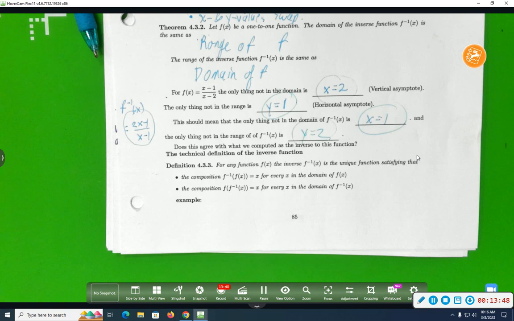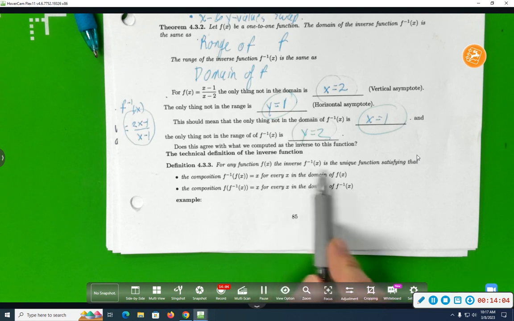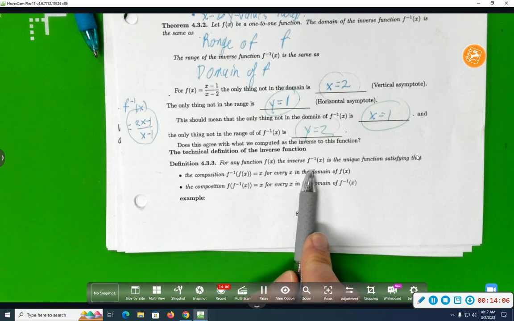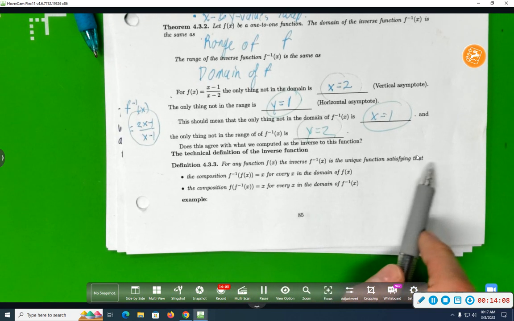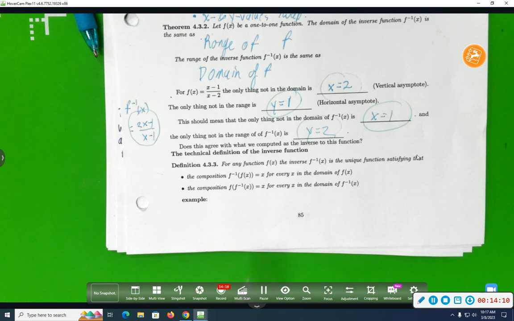But let's close with this one last technical thing, which will be the full-blown correct definition of what the inverse function is. And we'll check that the function we found actually satisfies it. So here's what the inverse function should do. If I give you a function f of x, then the inverse, f inverse of x, is the unique function which satisfies two equations.